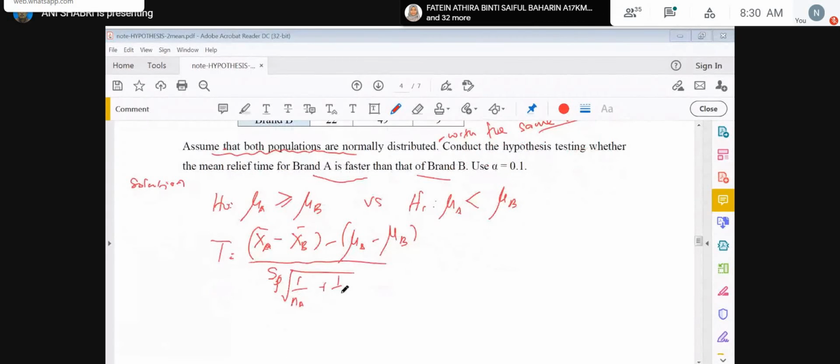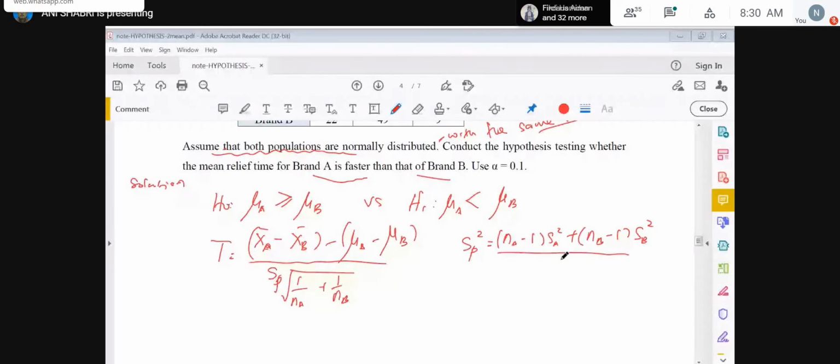Okay, Sp is equal to the square root of nA minus 1 times sA squared plus nB minus 1 times sB squared, divided by nA plus nB minus 2.